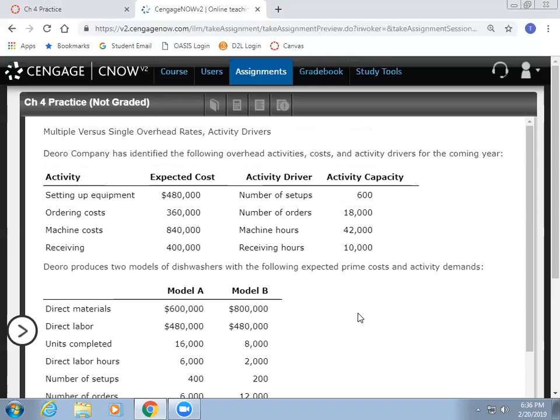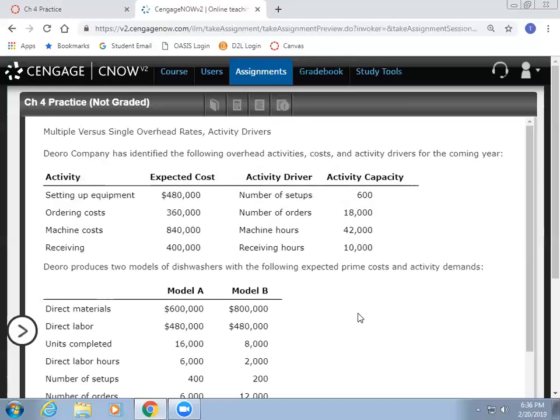So for model A, to calculate the total cost, well, we have direct materials of 600,000. Then we have direct labor of 480.